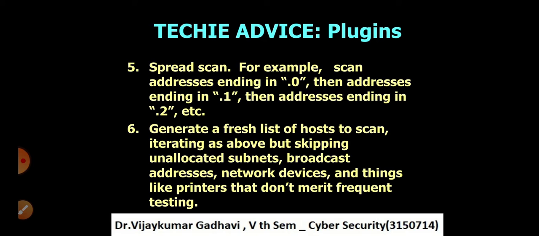Then the next advice is to generate a fresh list of hosts to scan, iterating as above but skipping unlocated subnets, broadcast addresses, network devices, and things like printers that don't merit frequent testing.